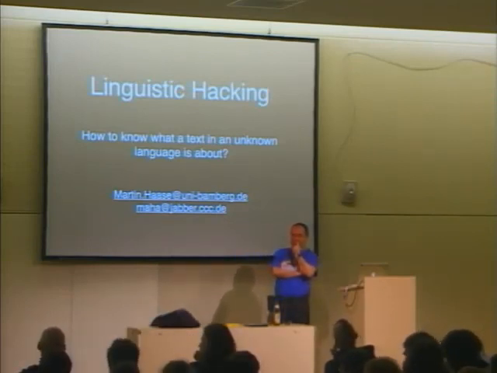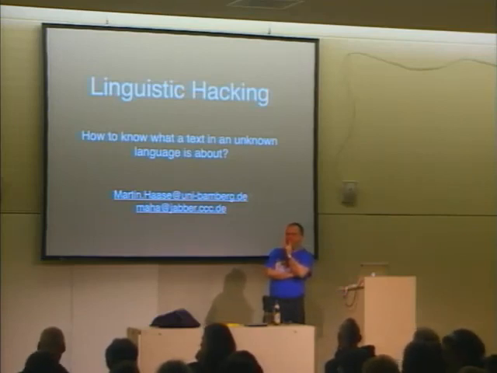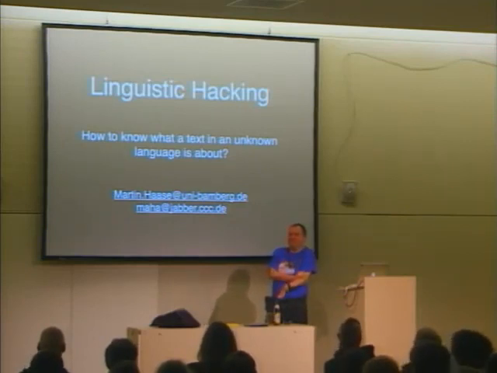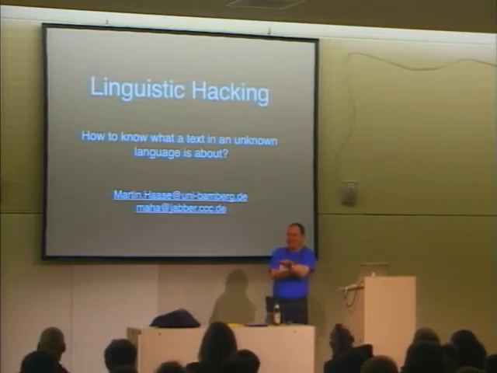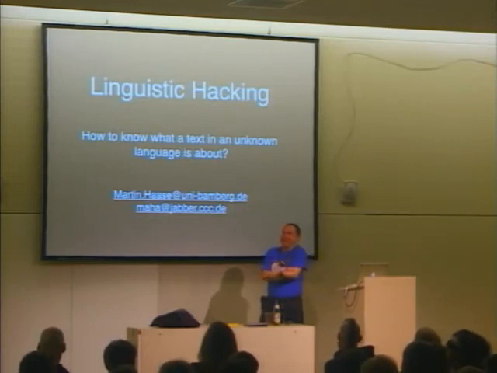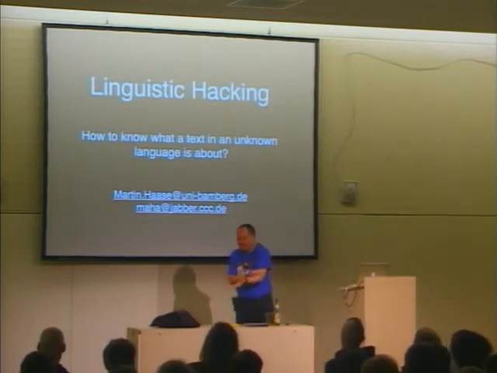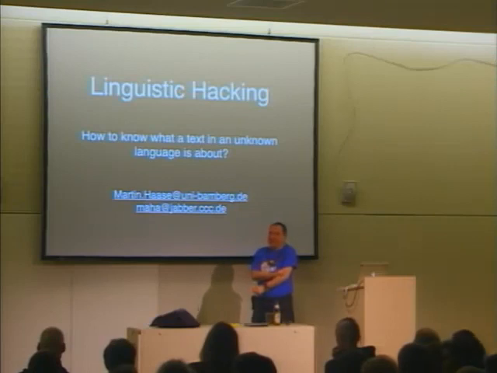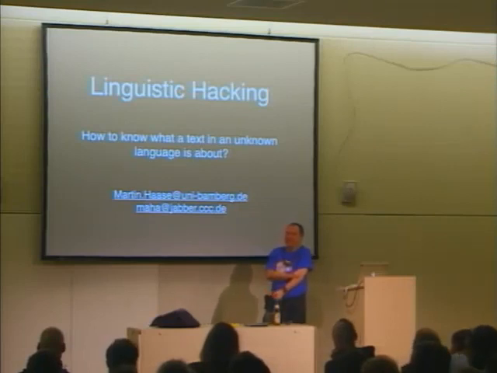Yeah, I would try the compression approach for that, because with the compression approach, you don't really have to know how to read the text. If in your database there is a text which has to be in the same encoding, of course, then you can match them.